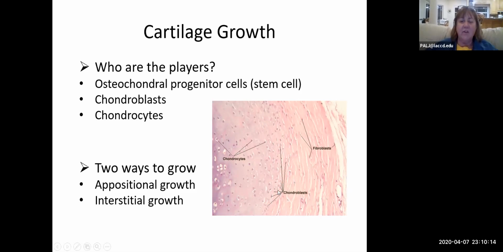And then we have a rim of chondroblasts, which has a bunch of fibroblasts because it's fibrous connective tissue. And this is also where we'll find all the osteochondral progenitor cells. So progenitor cells mixed in with the fibroblasts, become chondroblasts, start secreting matrix, move further and further towards the center of the cartilage, and when they mature, they're going to become chondrocytes. Okay.